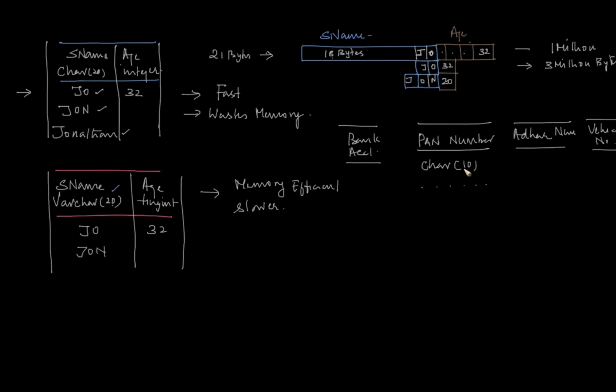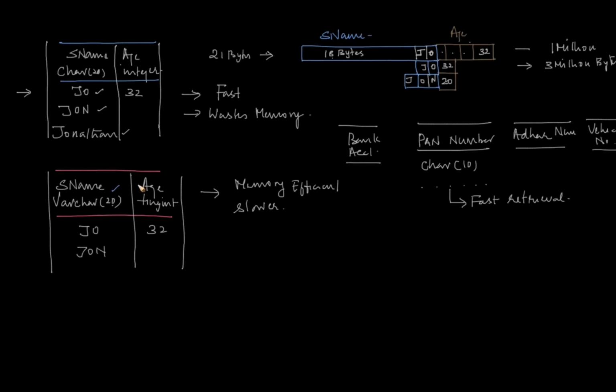Whenever data is retrieved, it is retrieved based on something like this. They'll ask for your PAN number or Aadhaar card details to retrieve data, so data retrieval will be fast and we are not wasting space either. In cases like that, you can go for the char type.